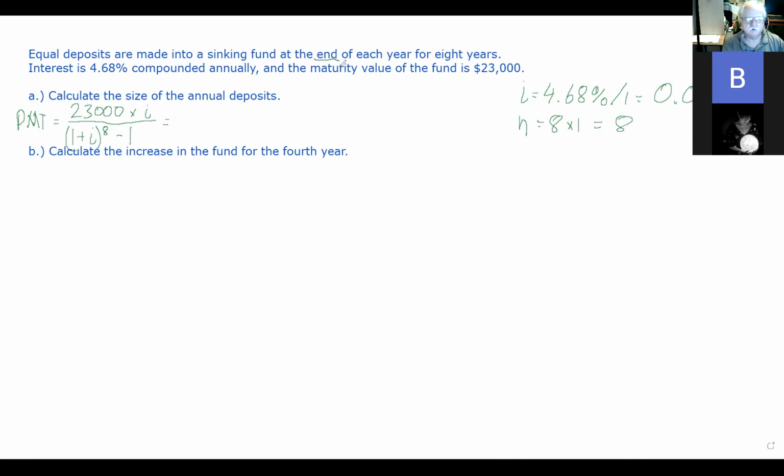And it's an ordinary annuity. It's at the end of each year. So let's calculate that.